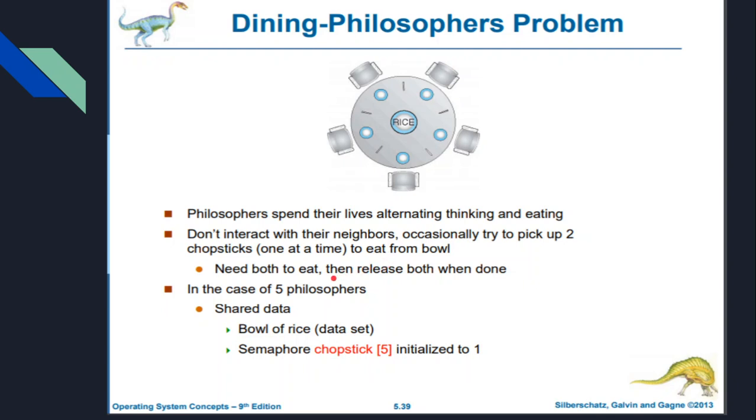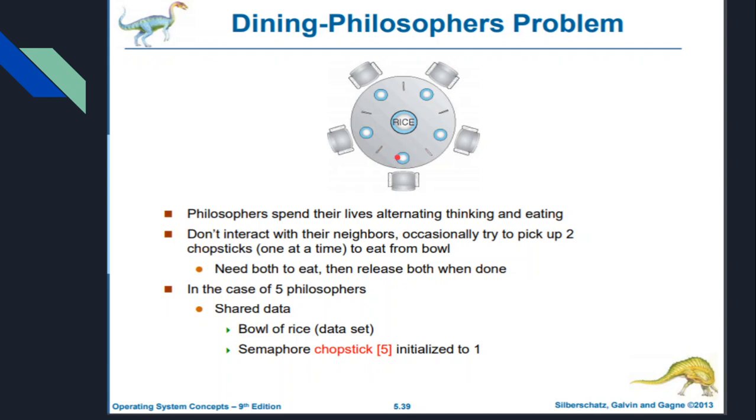For example, if this philosopher wants to have food, he has to get this chopstick as well as this chopstick. That means this philosopher must not be using this chopstick and this philosopher must not be using this chopstick. Then only are both chopsticks available for this particular philosopher.